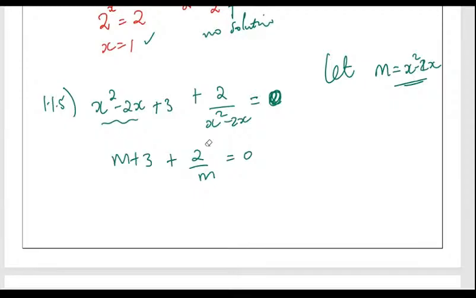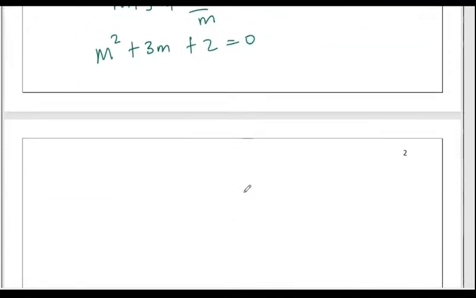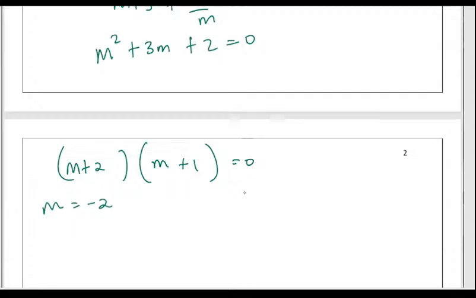Everything should be affected by m. So that's going to be m squared plus 3m plus 2 must give us a 0. Let's factor this out. So when you factor this out, we're going to have m plus 2 and then m plus 1 is equal to 0. So either m is -2 or m is -1.